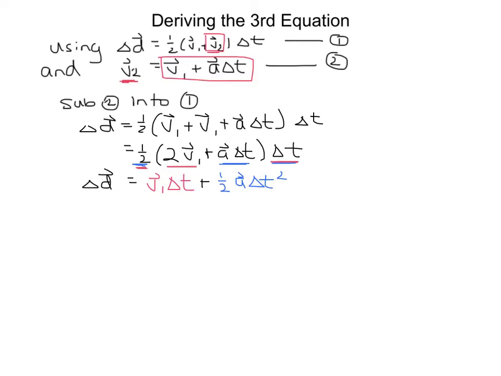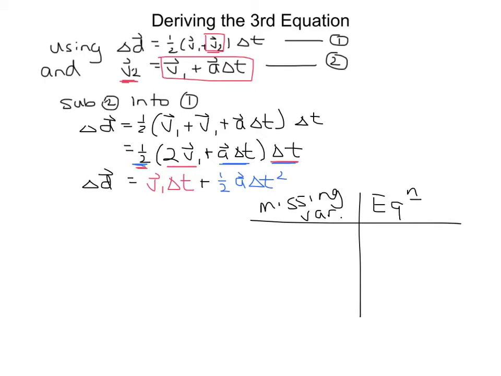So if I went back to the first page of my lesson here, remember the missing variable we were listing, so you can add this to that part of your note, and then the actual equation was on the right side.